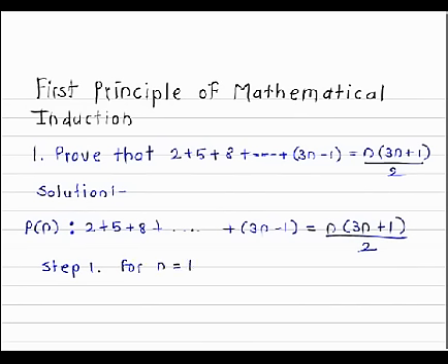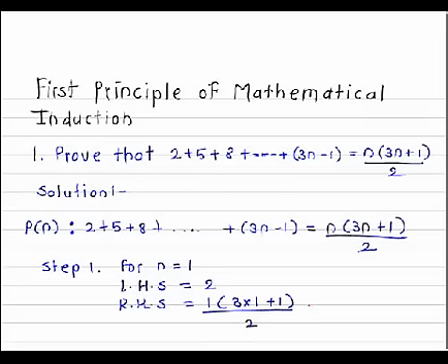For n is equal to 1, for LHS we consider the first entry only. So for LHS my first entry is 2. Now for RHS, what will be our value? Whenever we substitute n is equal to 1 into the RHS, we get 1 times (3 times 1 plus 1) divided by 2, that is 4 divided by 2, which is equal to 2.